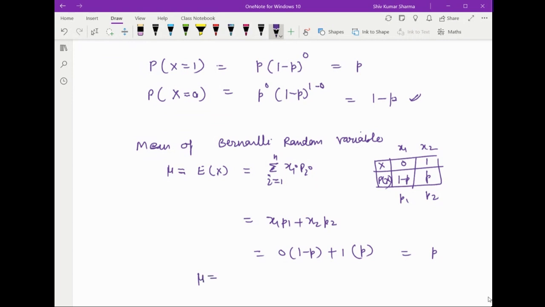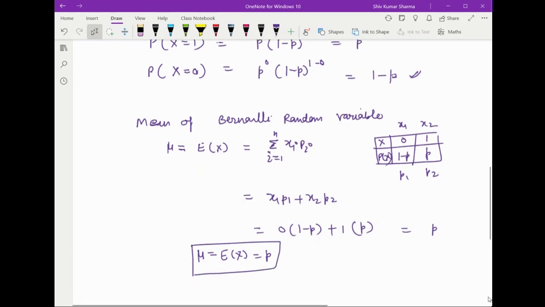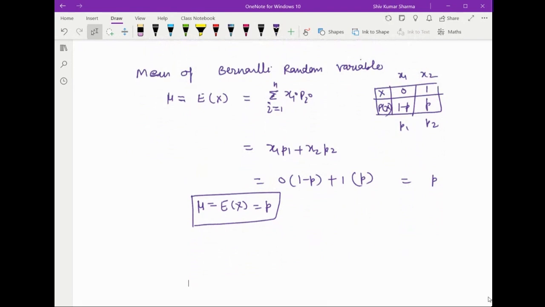Mean, denoted as mu, or expected value of x, is equal to p. So you remember this. Similarly, you can calculate the expectation of x square. When you calculate the expectation of x square, you can write it as the summation of xi square into pi.